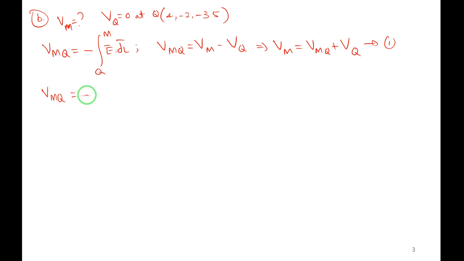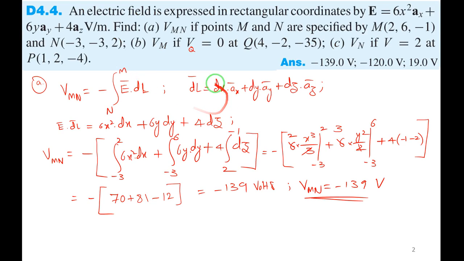VMQ is equal to, sorry, first we'll find E dot dl. It is already there, the same E, the same dl, so we will take this directly.